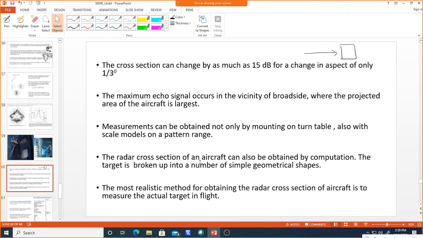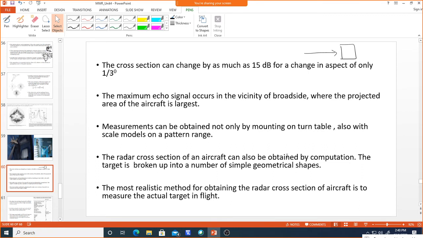The radar cross section of an aircraft can also be obtained by computation. First we generally use the radar equation and consider all the other parameters, and we can obtain the RCS of the aircraft by computation. Even practically we can measure, and we can compare both and see how much deviation there is. Then, according to that computation, we can try to get the practical RCS approximately equal to the theoretical value.